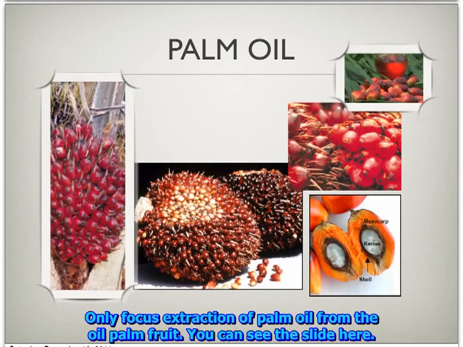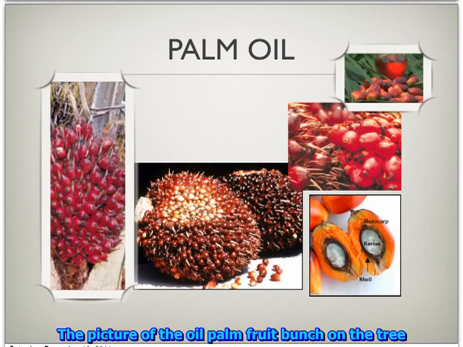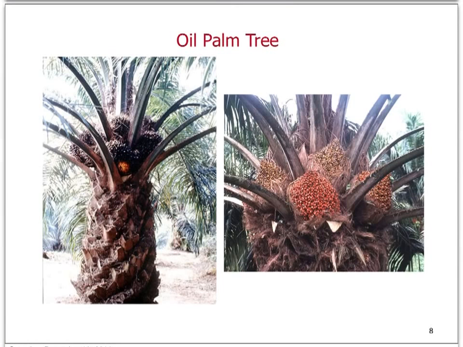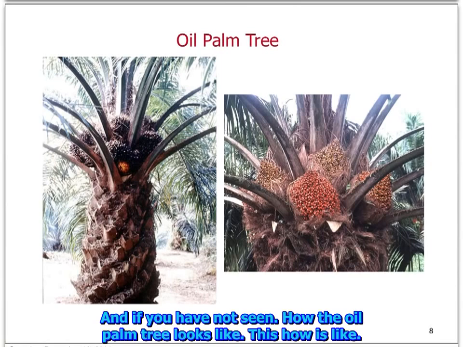You can see on the slide here the picture of the oil palm fruit bunch on the tree, and this is a picture of the fruit bunch and the cross section of the fruits. If you have not seen how the oil palm tree looks like, this is how it looks like.